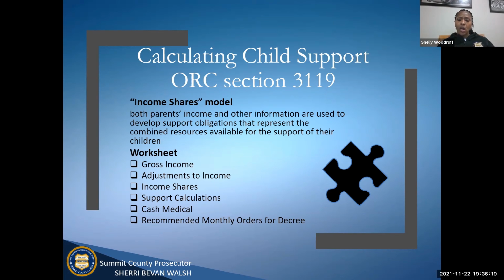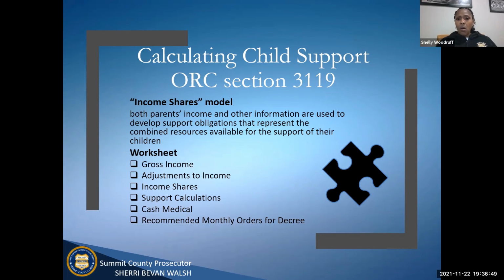And so child support was just determined based off of the parties' income, and it didn't give any credit for adjustments to income shares support calculations. It did count cash medical, but there were a lot of adjustments that were not made. Both parties' income and other information were used to develop the support order. That's usually all we would use.